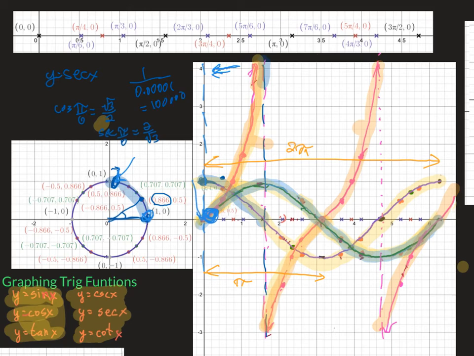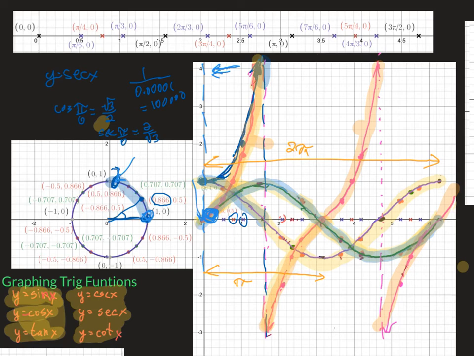It's a huge number. So what happens is this guy ends up going up, approaching infinity. I know it's 1/2 here, so 1 over 1/2 is about 2. Here I know we're 1 over root 2, so this is going to be root 2, which is about 1.4. It's going to go kind of like that.